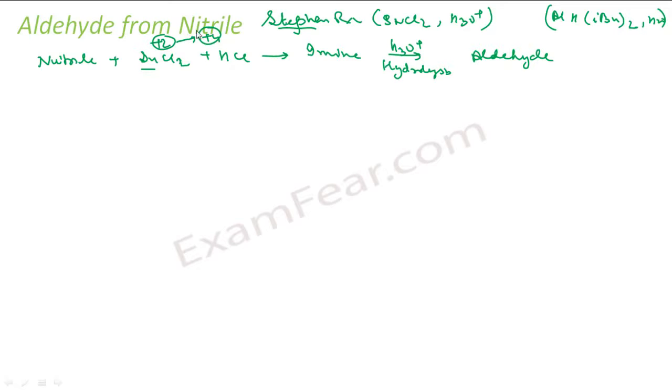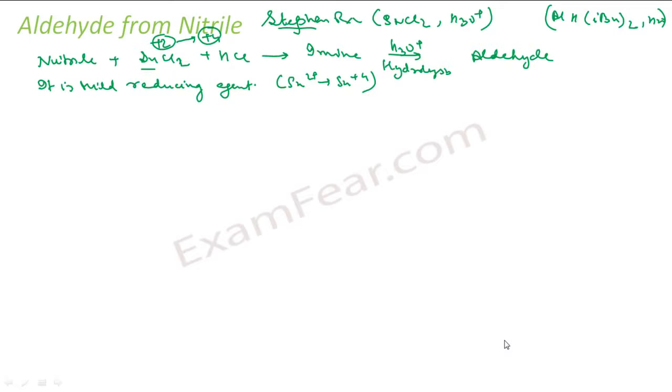That means it is a good or mild reducing agent. Correct? Why? Because it has some tendency to move from Sn plus 2 to Sn plus 4.